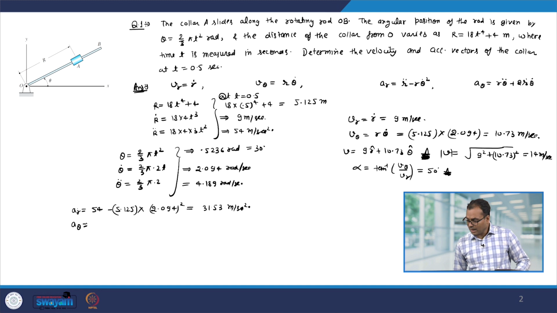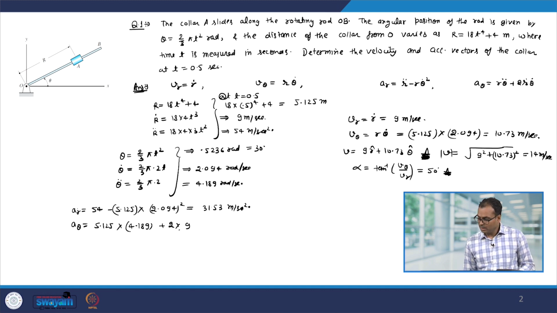A theta is r theta double dot, and r is 5.125 into theta double dot, which is 4.189, plus 2 into r dot, which is 9, into theta dot, which is 2.094, and this comes out to be 59.16 meter per second square.